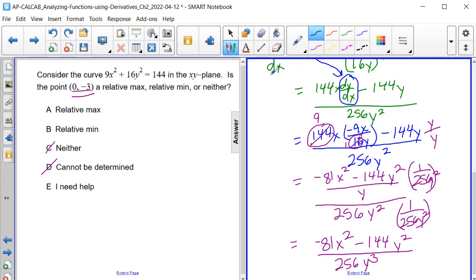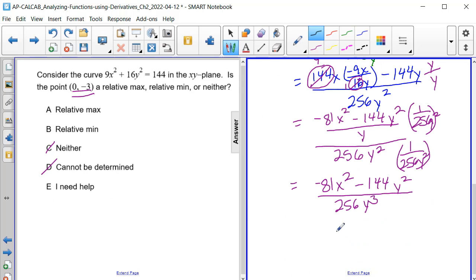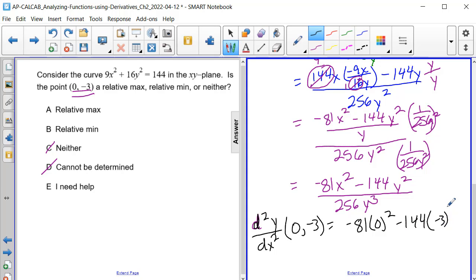And now if we evaluate our second derivative at our point, the point (0, -3), that will equal negative 81 times 0 squared minus 144 times negative 3 squared, all over 256 times negative 3 to the third power. Well, this first term goes away.